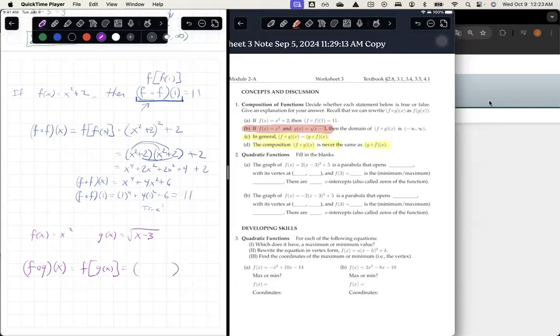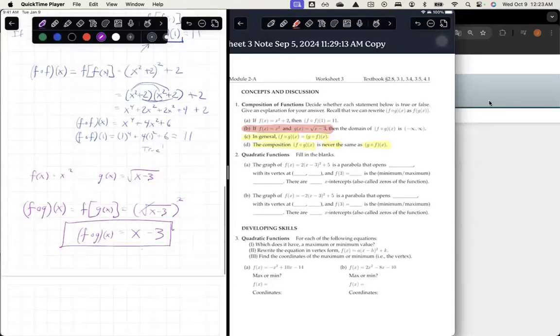is f, the squaring function, with g of x plugged into it. And if I simplify, the square and the square root will cancel, and I get x minus 3. My composite function is equal to x minus 3. So what's the domain of this function? Is it negative infinity to positive infinity?